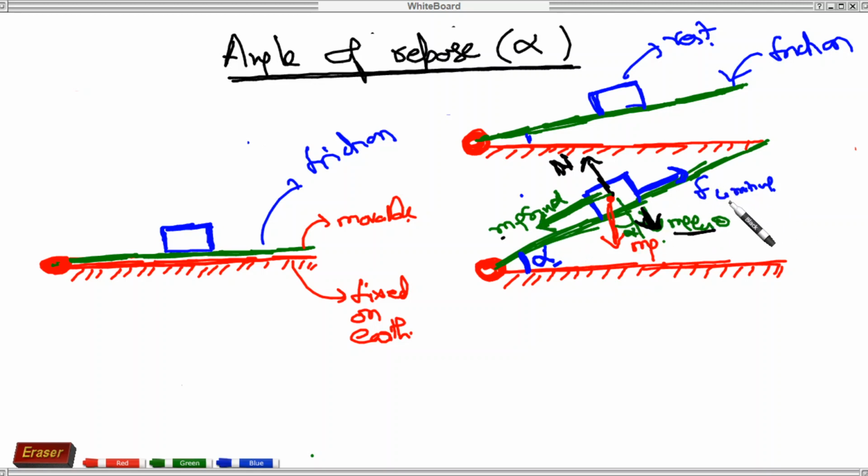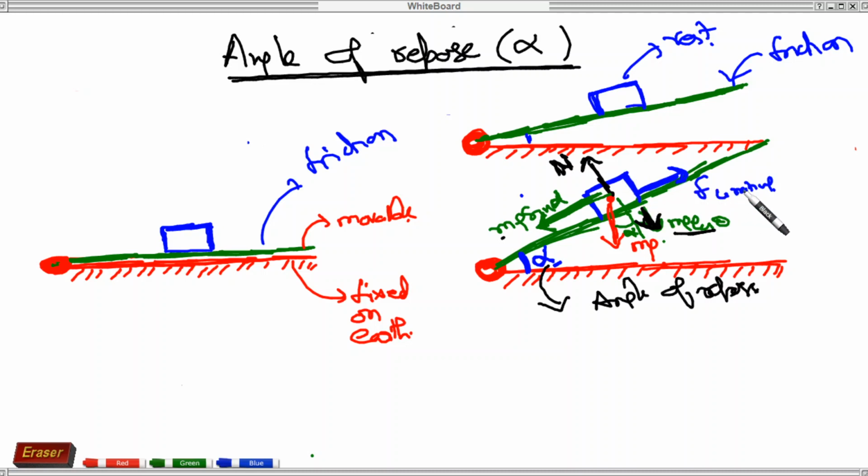I told you, this angle alpha is the critical angle after which the sliding will start. So this angle is what is called the angle of repose. Here there is no movement, it's in state of rest.